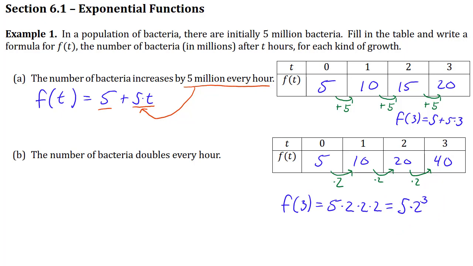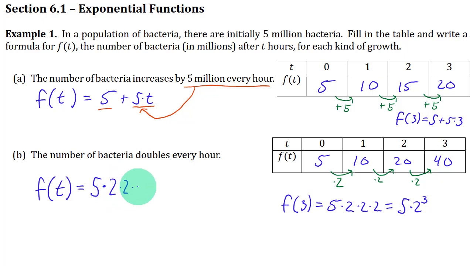So in general, if you want to get the formula for f of t, we're starting at 5, and then we're going to multiply by 2 once for every hour that goes by after hour 0, and t is the number of hours that go by after hour 0.